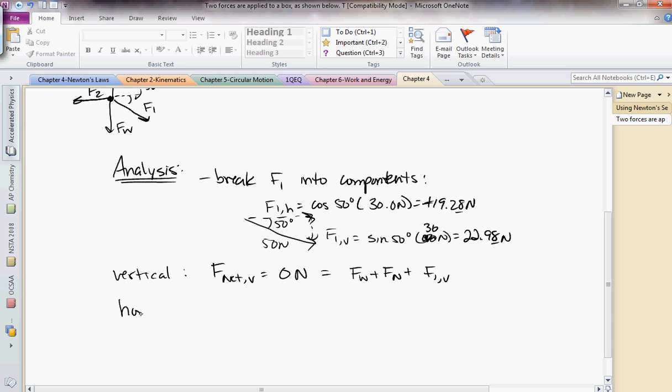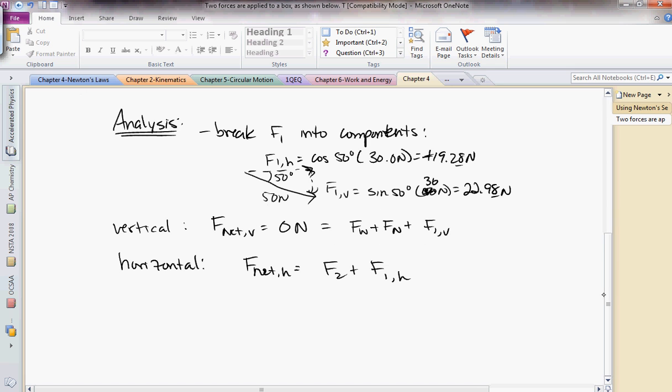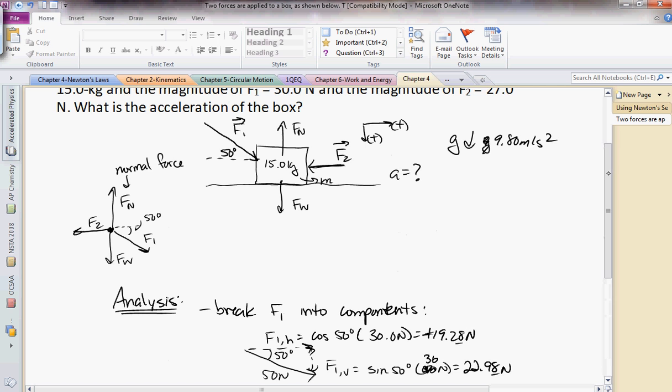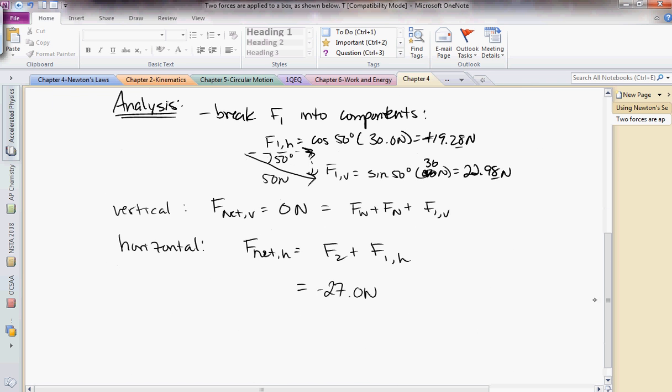So that leaves the horizontal. What do we have going on in the horizontal direction? The net force in the horizontal direction will be equal to F2 plus this horizontal component of F1. So we take F2, which is negative 27 newtons, because F2, remember, is pointing off to the left, which is the negative direction.